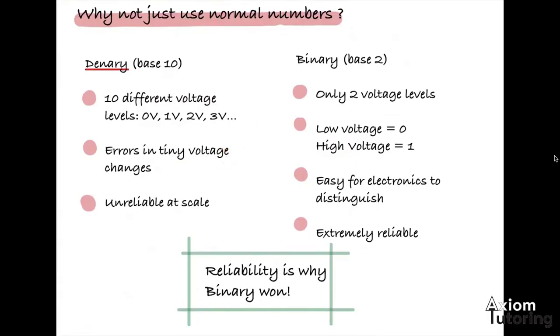That's really unreliable at scale. But with binary, you only need to answer one question. Is the voltage high or is it low? And that's a much easier distinction to make reliably. Now, that reliability across billions of switches, billions of times per second, is exactly why binary won.